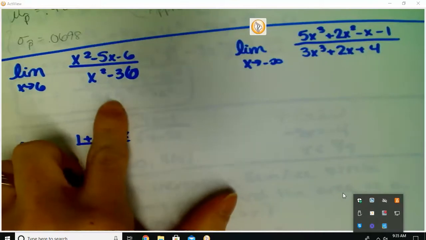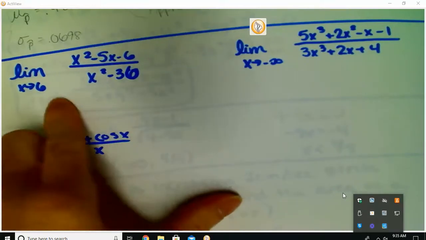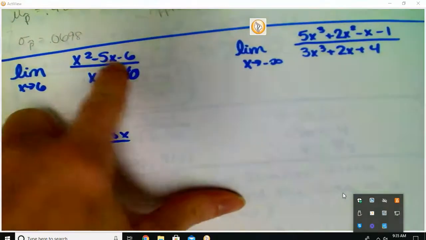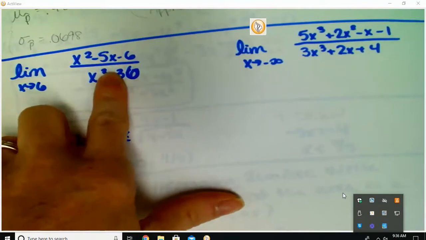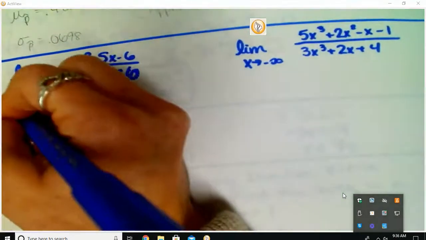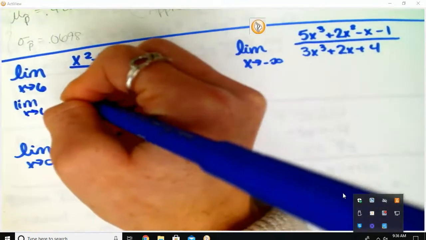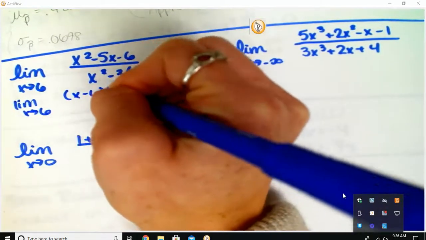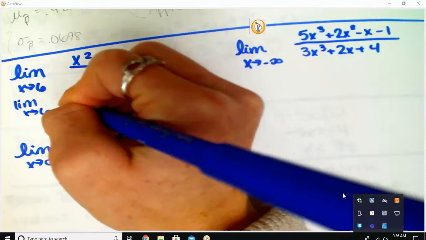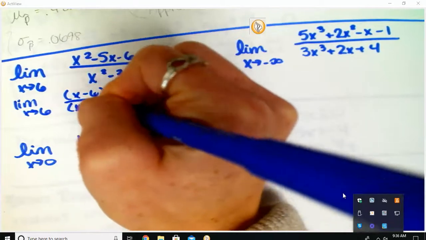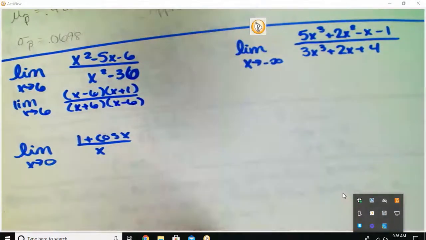What would you have to do on the first one? Factor. If I just plug in, you get a 0 on the bottom, so that won't work. So we factor first. The top factors into x minus 6, x plus 1. The bottom, x plus 6, x minus 6.